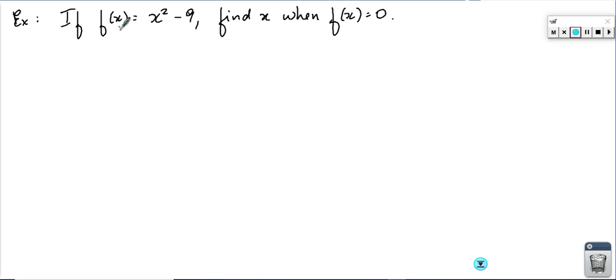Here I told you what is f(x), I told you what is the process, and I also gave you the output. So if we have to write it down, this is the process, this is the output. And I need to find x. I need to find the input. Okay? I don't know what is the input.